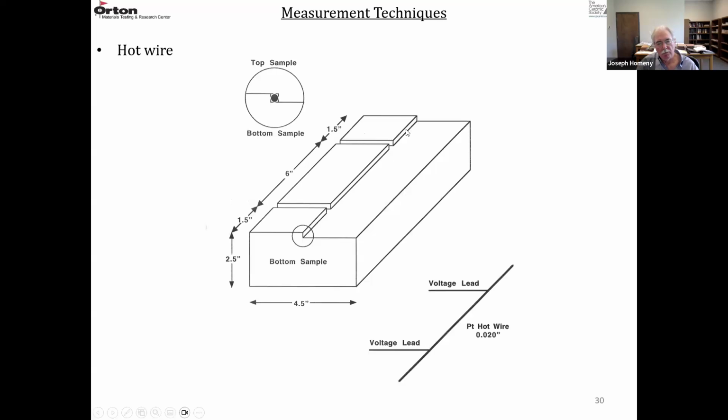So you put the platinum wire in here, then you place the top brick on top, and it looks something like this. So now you have a round platinum wire in a square channel, and these are machined in such a way that they fit almost perfectly. So you have very good joints here and a sandwiched platinum wire.